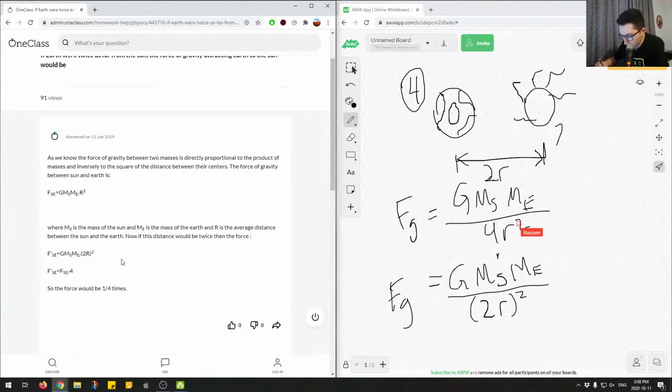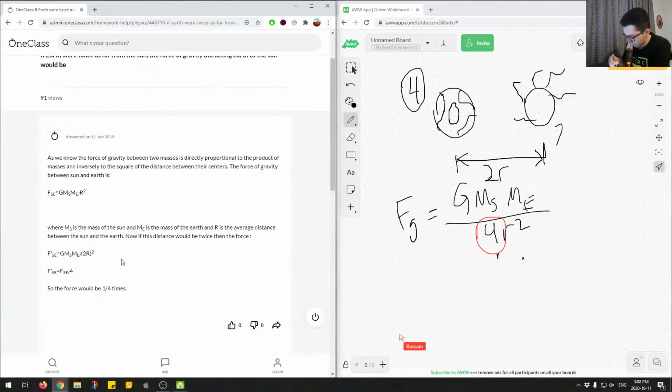You can see we're left with the same equation, but we have this 4 in the denominator. Knowing this, we have to relate how this impacts Fg on this side. Initially we didn't have the 4 in the bottom, but now after doubling the distance we end up with a 4 in the denominator.